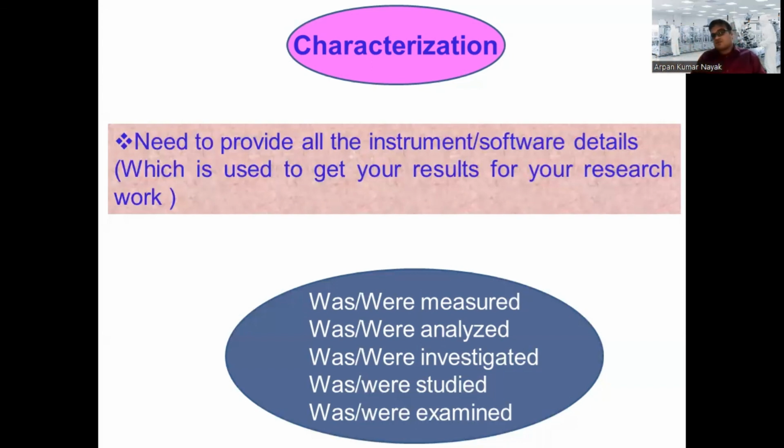Similarly, was or were studied, was or were used. You can use different words, but it should be in past tense. So this is about all the sections included in the experimental section or methodology. Hope now everyone can write their experimental section very easily.